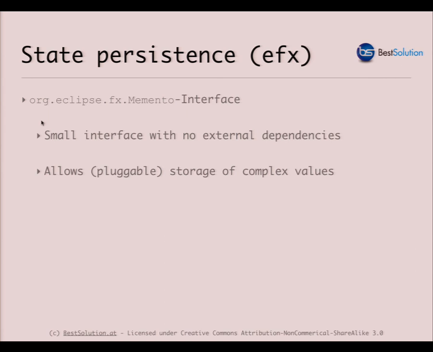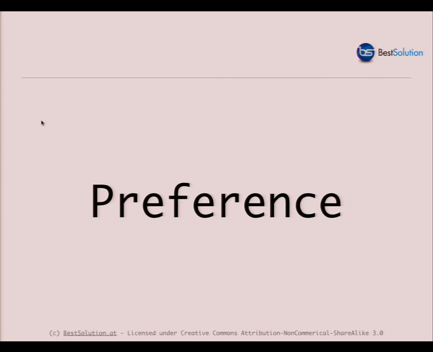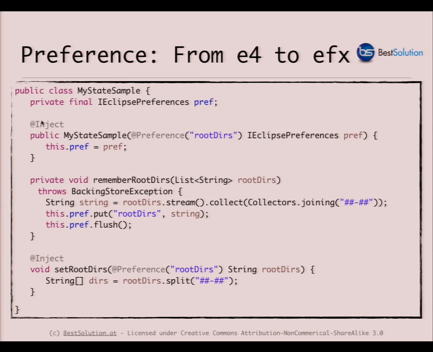It allows pluggable storage of complex values. And now let's see a sample for the preference. This is how it would look with Eclipse preferences. And the first thing that you should notice is there's an NPE ahead. If nobody ever set routers, you get a null here, for example.